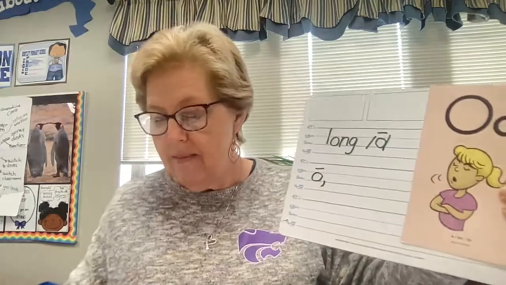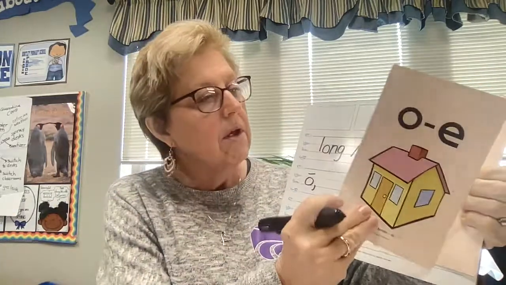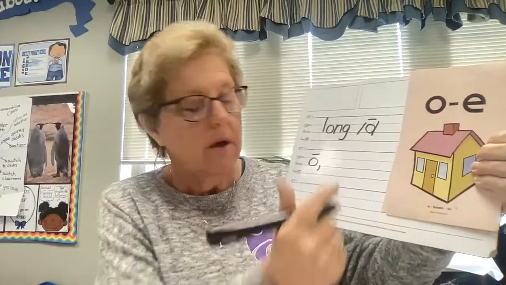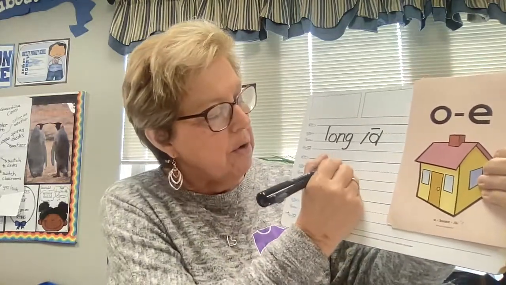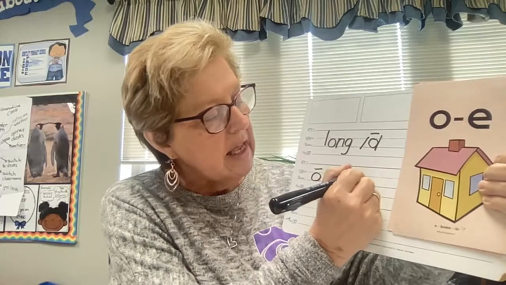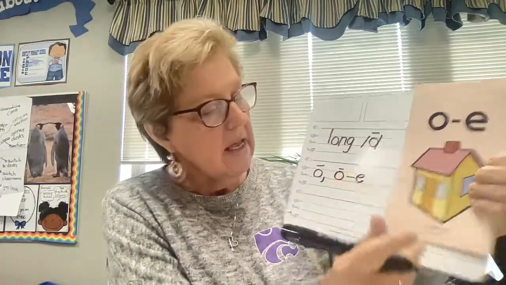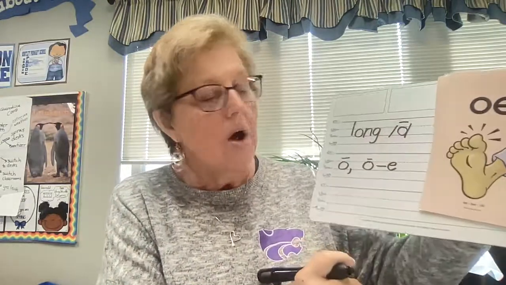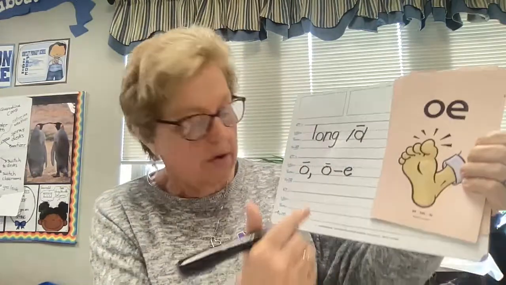Put your comma. The next sound would be O, home. And so we're going to put the O, consonant E. The third sound is O-E, toe.